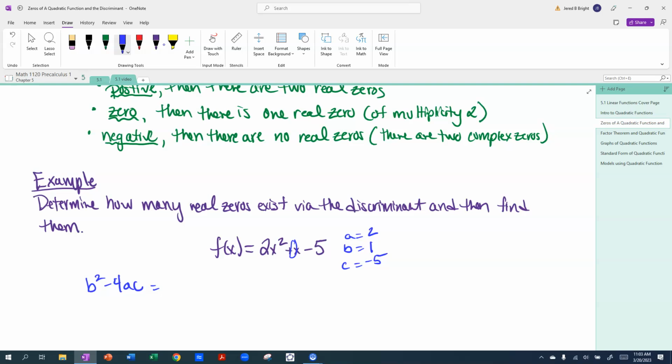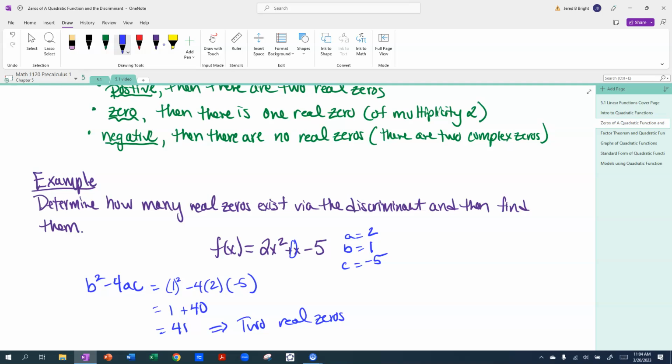So b is 1 squared, and then minus 4 times a times c, so 1, and then minus 8, and that minus 8 is multiplied by a negative 5, so plus 40, which is 41. So this just tells me that there are 2 real zeros.